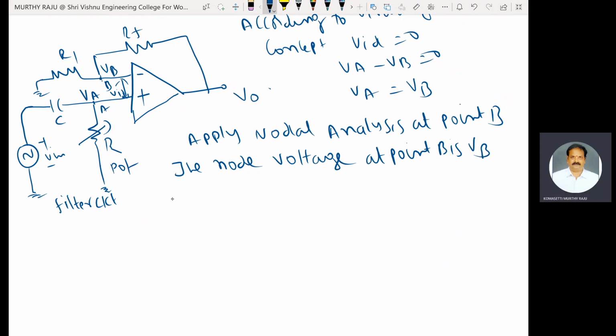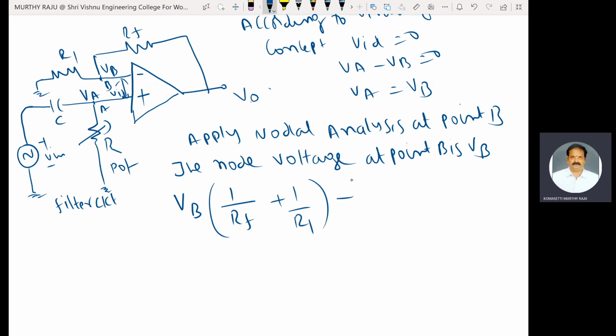Apply nodal analysis at point B. That node voltage into the admittances connected to that point B, which are 1 by RF plus 1 by R1.